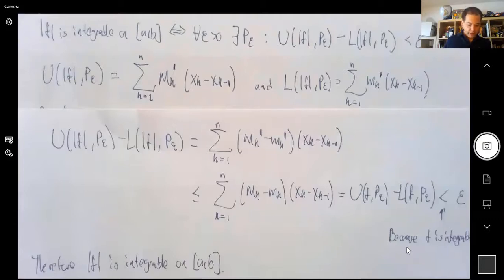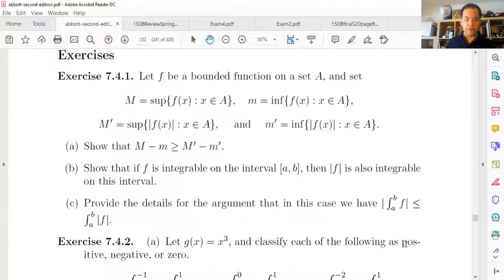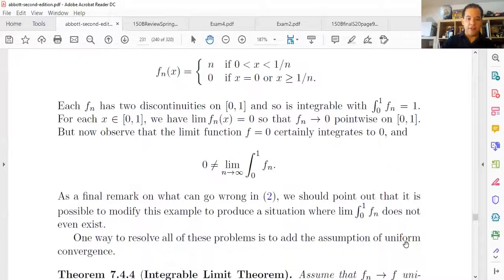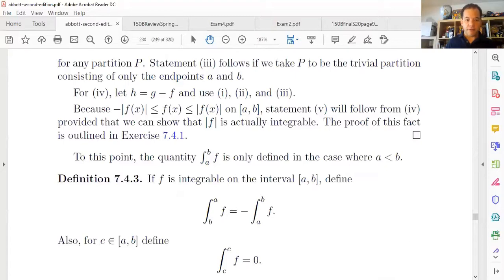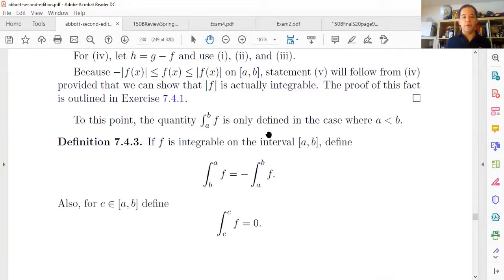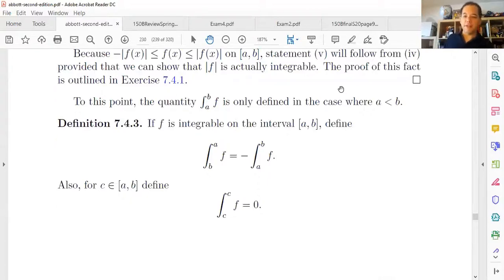Before we go, it's already time, but let me just show you a couple of definitions that we're going to need for next class to do the fundamental theorem. They're super easy. These are simply definitions. We only define the integral over AB when A is less than B, and you'll know this from regular calculus classes.